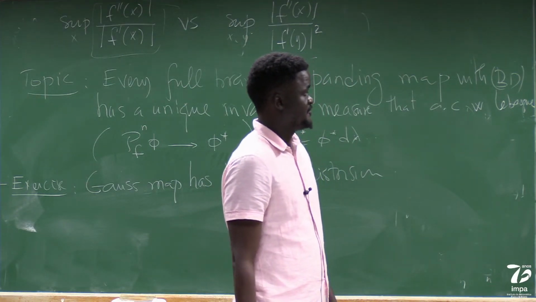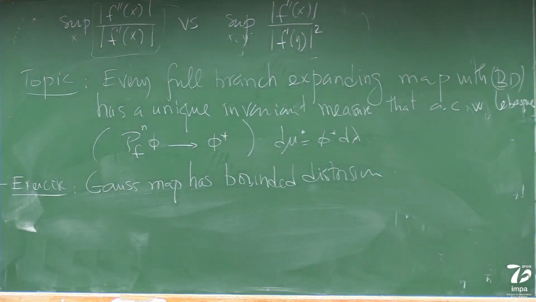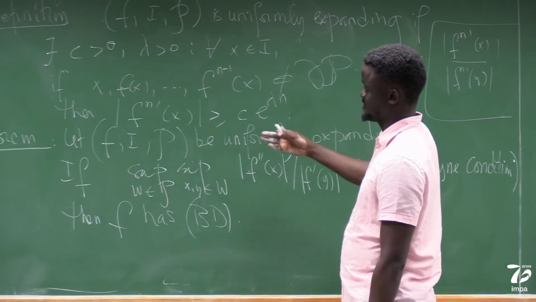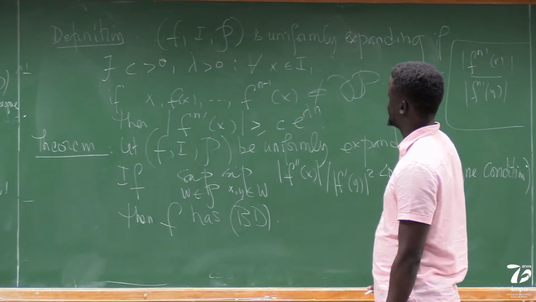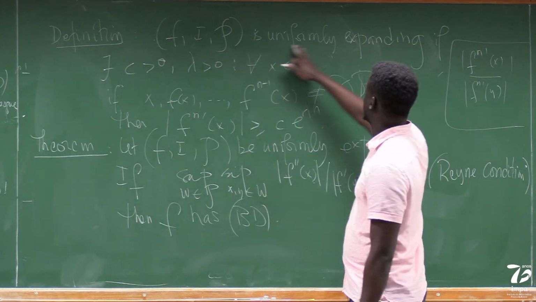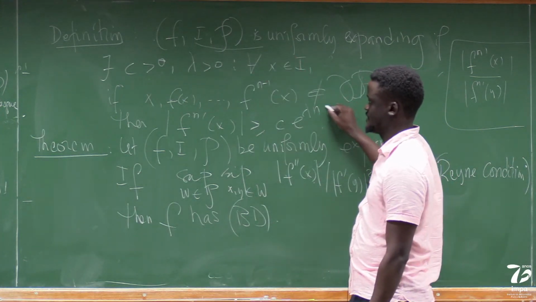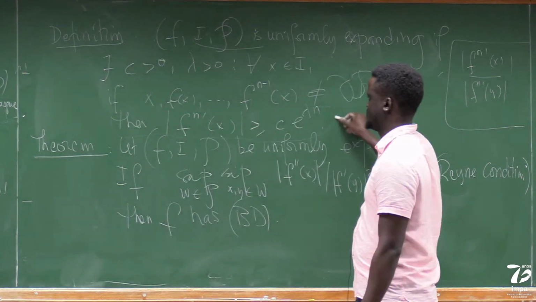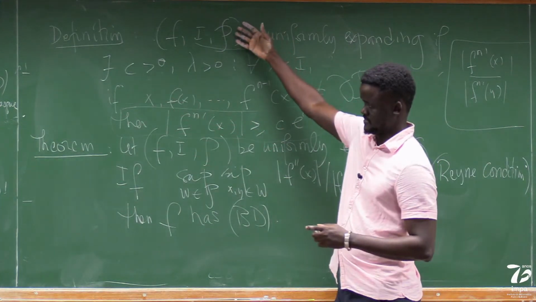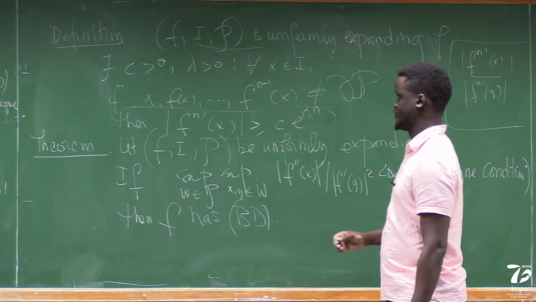If somebody wants to study more, as a project, for a master's for example, you could remove the full branch assumption from the definition. Just assume that you have expansion, maybe not uniform everywhere, and try to do the chopping, find the partition, and then prove ergodicity.